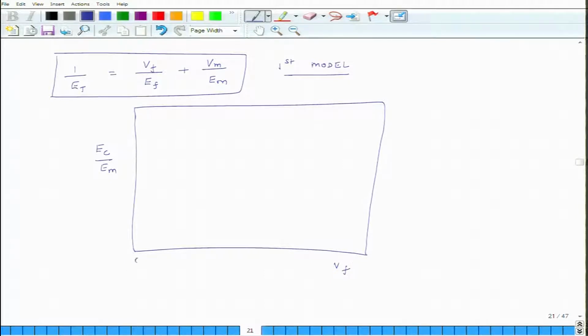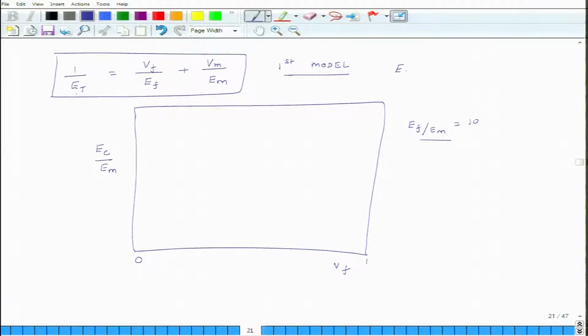Volume fraction could vary anywhere from 0 to 1, that is 0 to 100%, and we assume while making this graph that the fiber modulus is 10 times that of matrix modulus, because you have to make some assumption. So, E_f is 10 times E_m, and once we have that we can make this plot. So, this is the relation for E_t.